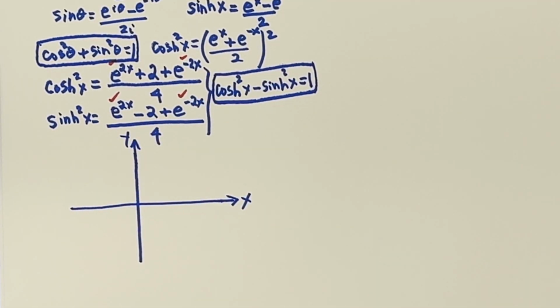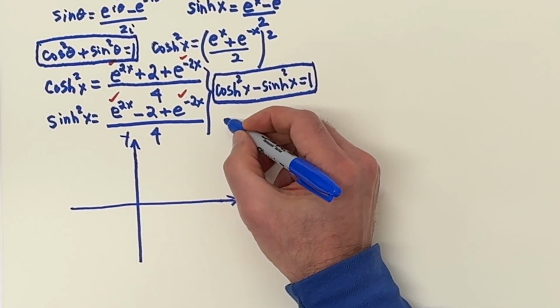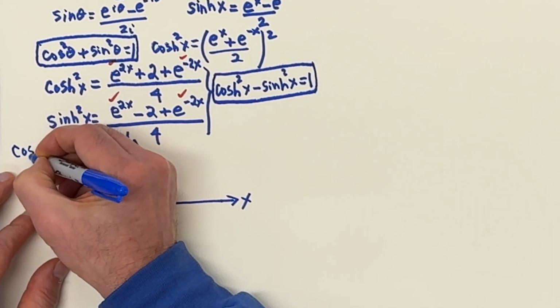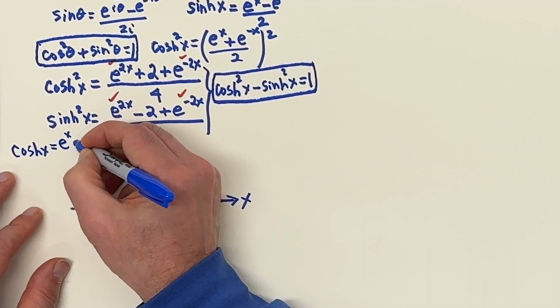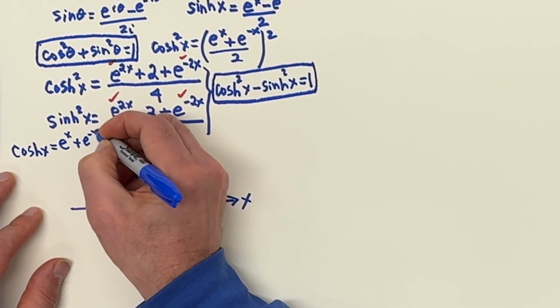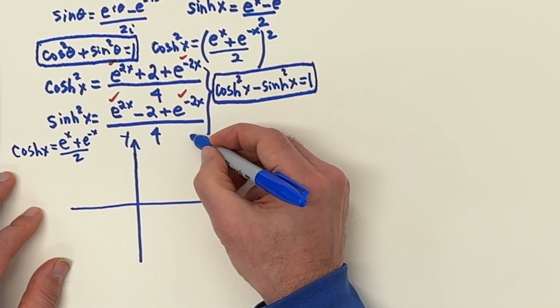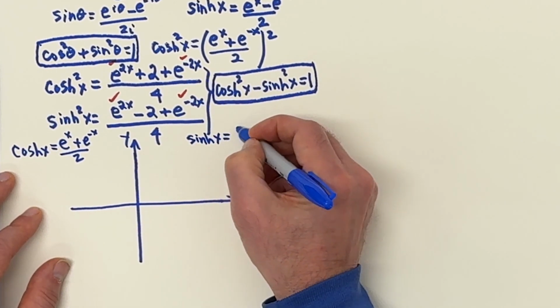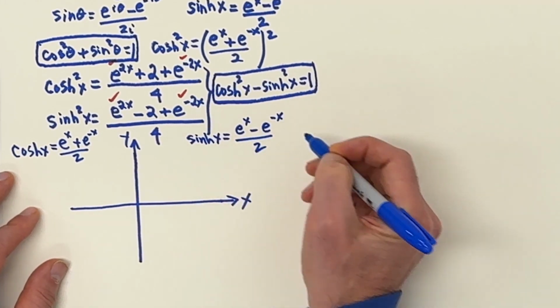And we're going to sketch 2 functions. I'm going to write these functions here closer to the graphs. So I'm going to write down the cosh of x is equal to e to the x plus e to the minus x over 2. And then over here, I'm going to write the sinh x equals e to the x minus e to the minus x over 2.